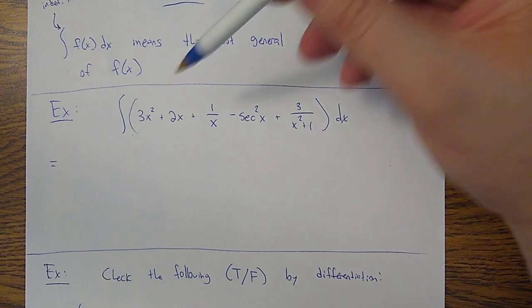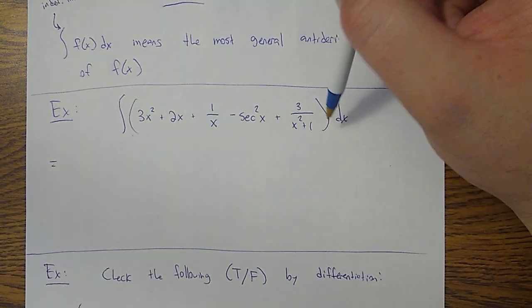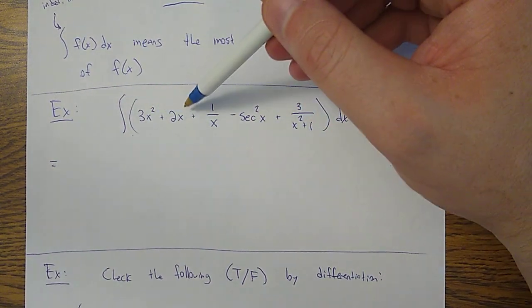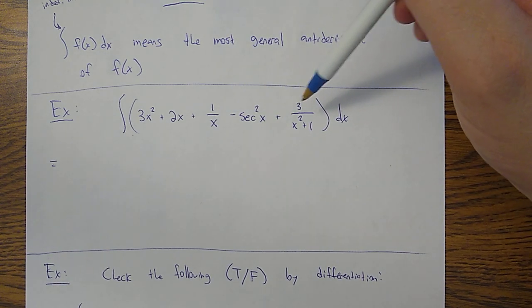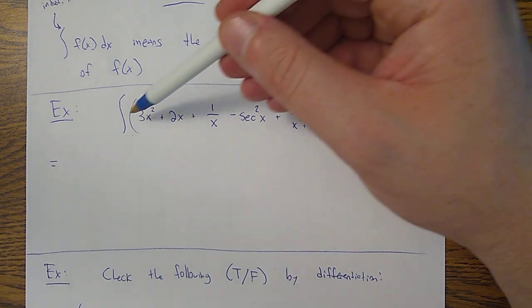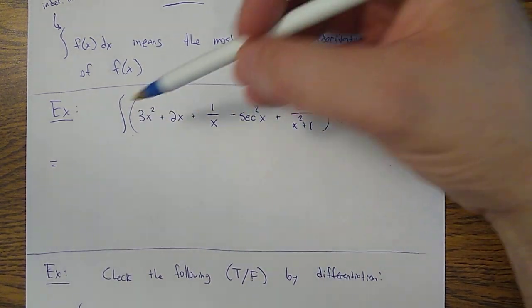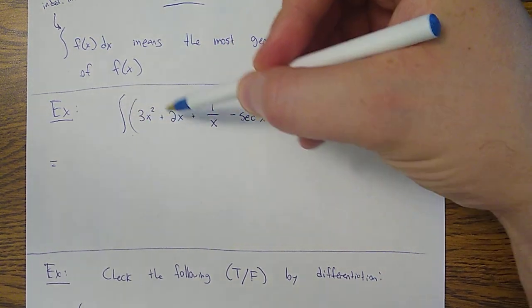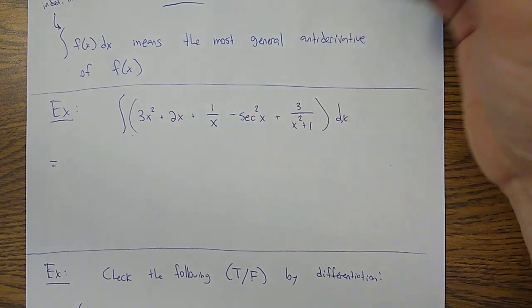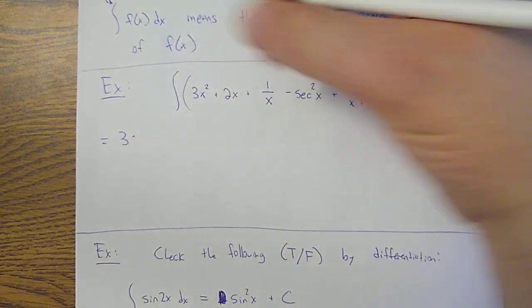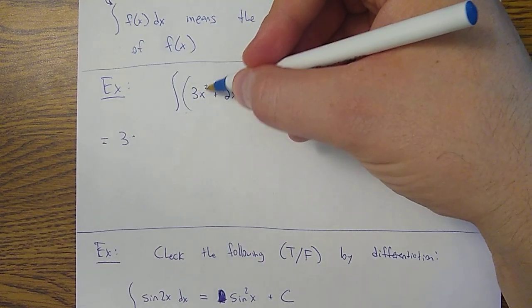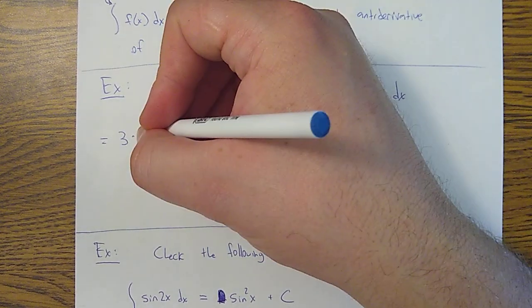So let's do one like this, and obviously I mixed together a large number of things here. But we know that we can just take this apart. To do the antiderivative of all of this, I just have to do the antiderivative of this part, plus the antiderivative of this part, and so on. So let me get going. The 3 comes right down, and then I look at this. This is a power of x.